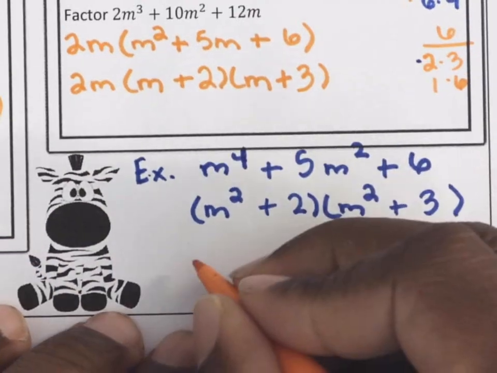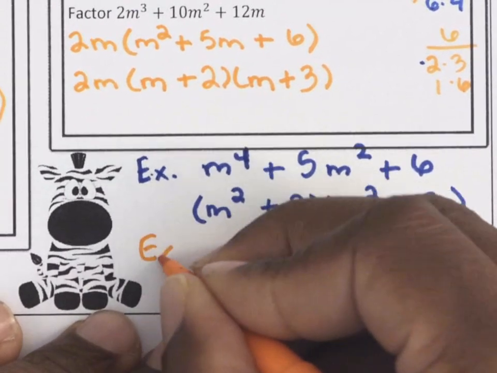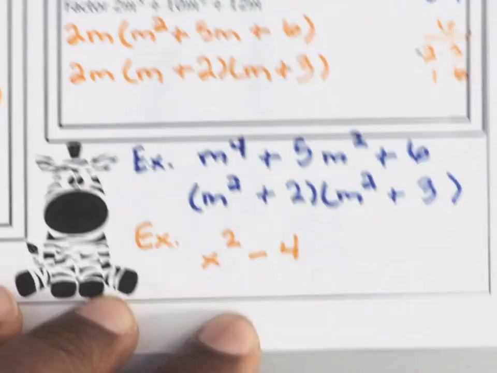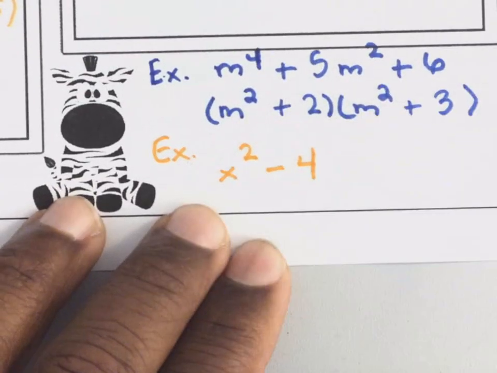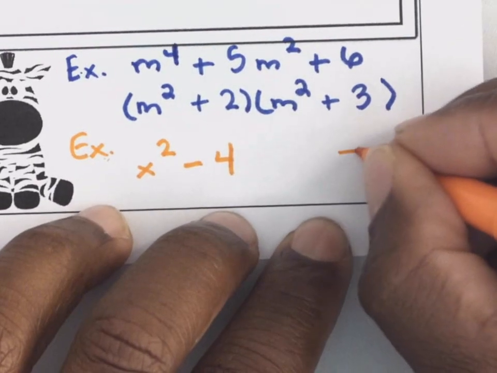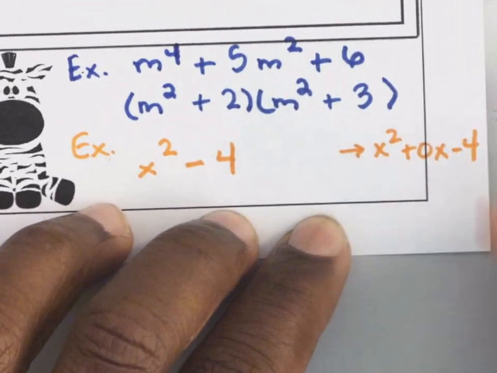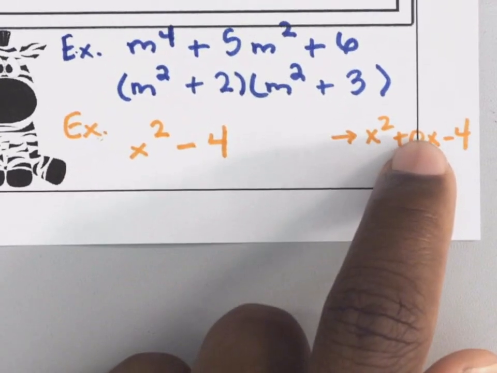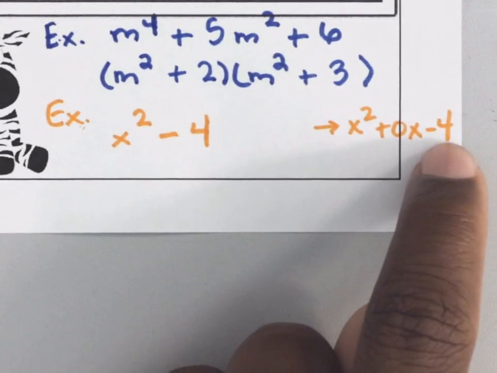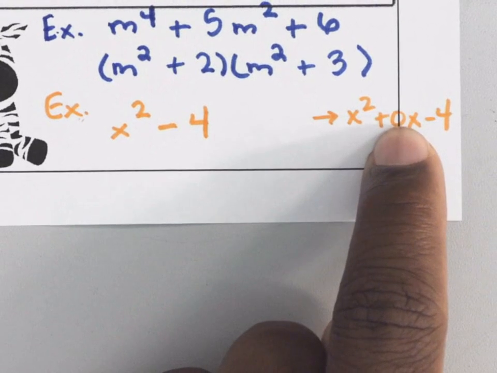Another thing to watch out for is when the middle terms cancel. So let's say you have x squared minus 4. It may help to think about this as x squared plus 0x minus 4. And the middle term canceled out. That's why you don't see it here. So I would be looking at factors of 4 that when I add or subtract them, they cancel out.